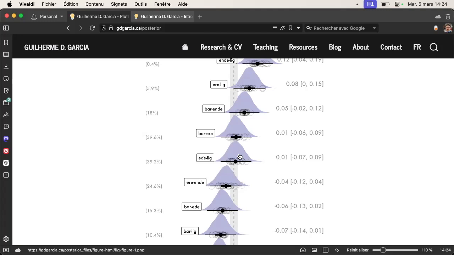If there's some evidence for a positive difference, so let's say here, the difference between bar and end, but it's not strong enough that we were able to reject the possibility that there's no effect, simply because zero is a relatively probable parameter value given the data, and because almost 20% of the distribution of probable parameter values lie within the region of practical equivalence.